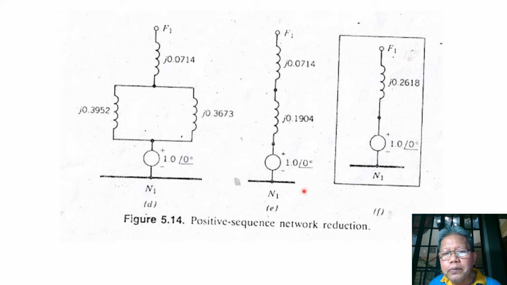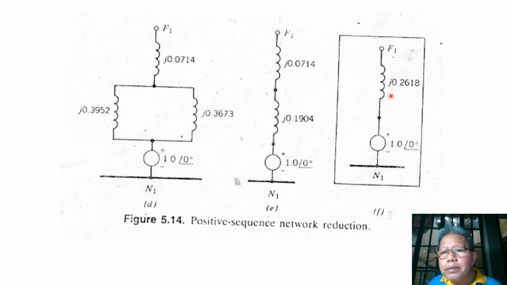Do not be confused that we have two voltage sources here and only one here, it doesn't actually matter, because our voltage here has the same value as the voltage of each in its case here.